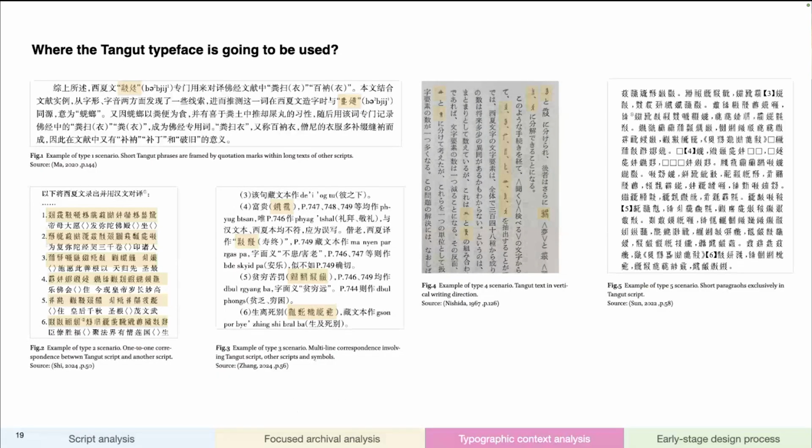After the focused archival analysis, the next stage is typography context analysis. This begins by asking how the typeface will actually be used.